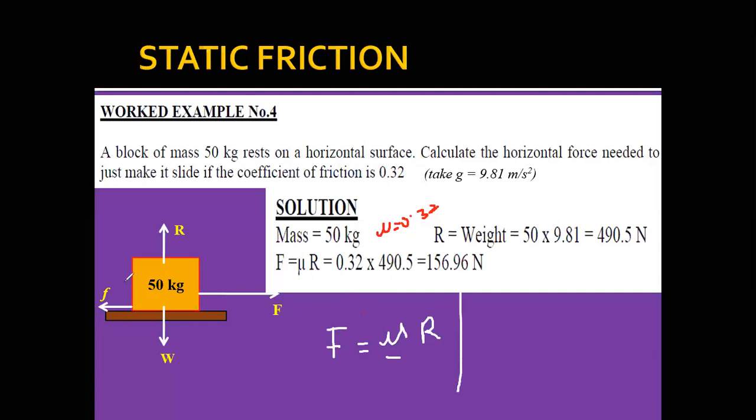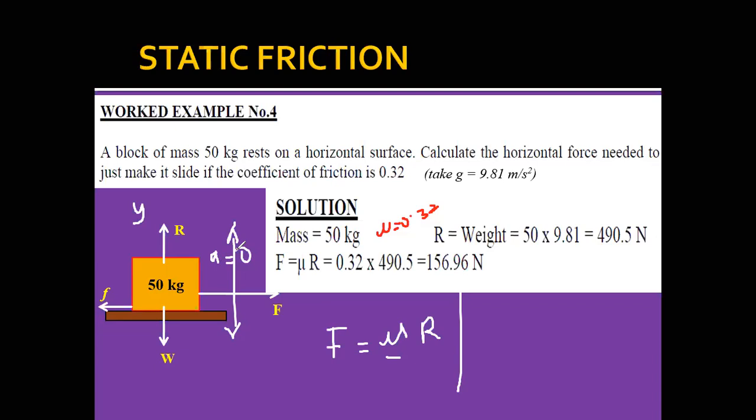In the vertical direction, looking at the y components, this body is not moving. There is no motion up, neither is there motion down. So the body is not accelerating. Acceleration is equal to 0, which means that your normal reaction is equal to the weight.